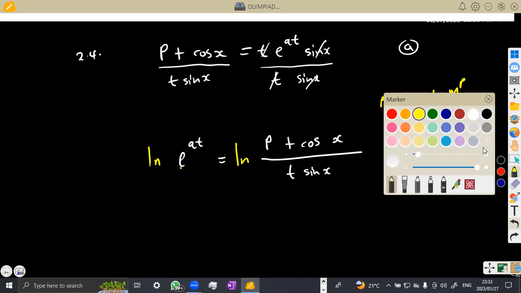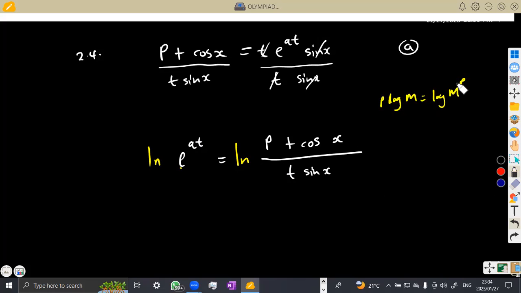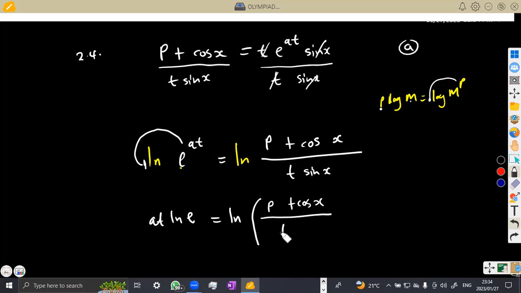If it is an exponent like this, we are going to drop the same exponent, which is p log m. So here we are supposed to drop the exponent, which is at. So we are going to have at ln of e, which is equivalent to the ln of this whole expression, which is p plus the cosine of x over t, the sine of x, like this.